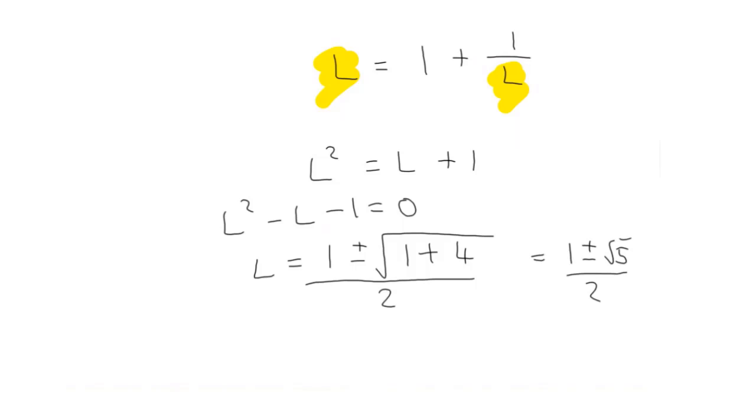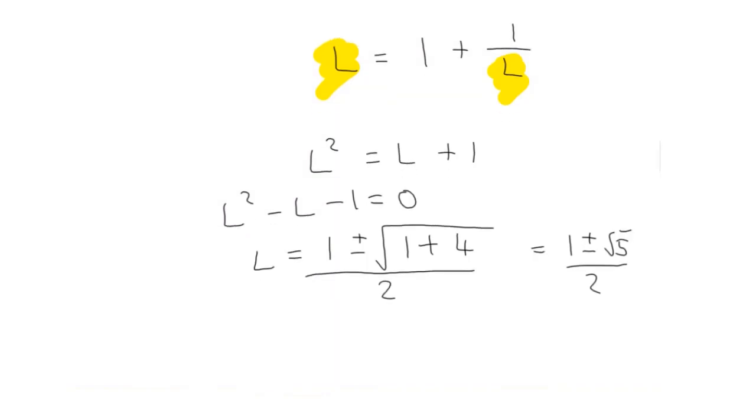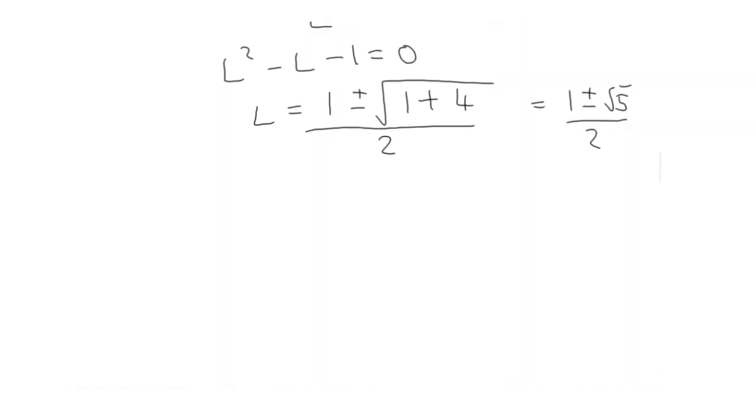Now, if you think about that, it's not going to be one or the other, it's just going to be the positive answer, because we know that every single term in this sequence is positive. So the limit that the sequence approaches as n approaches infinity must be positive.